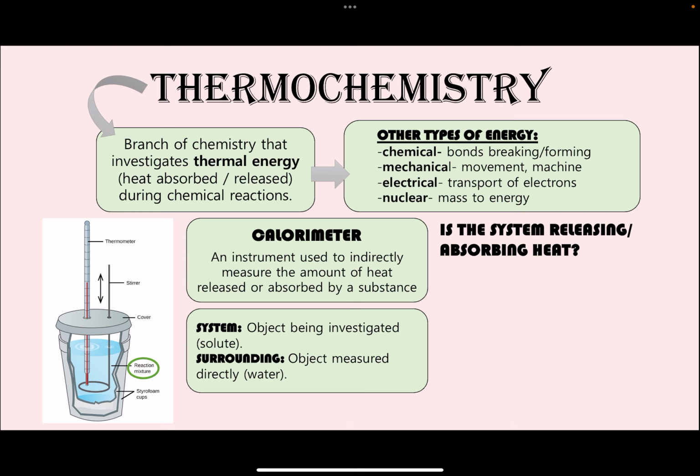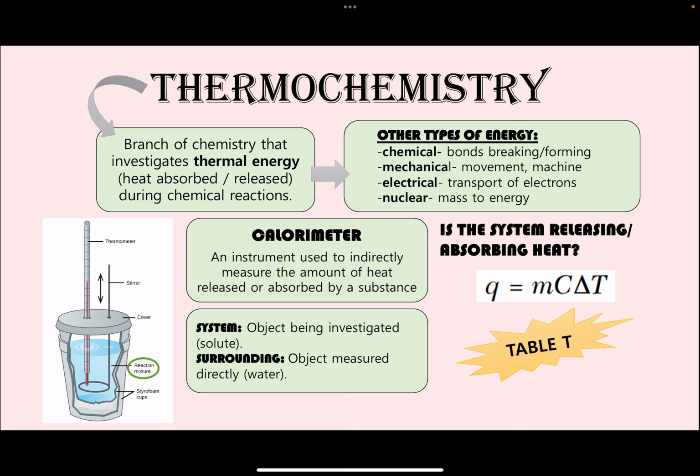If you want to figure out if the system is absorbing or releasing heat, we do some math. We look at the difference in the temperature, and then we find the mass of the system and the surrounding, and we can plug all of the values into this equation, Q equals mCΔT, which is given in Table T, to figure out if the system absorbed energy or released energy.